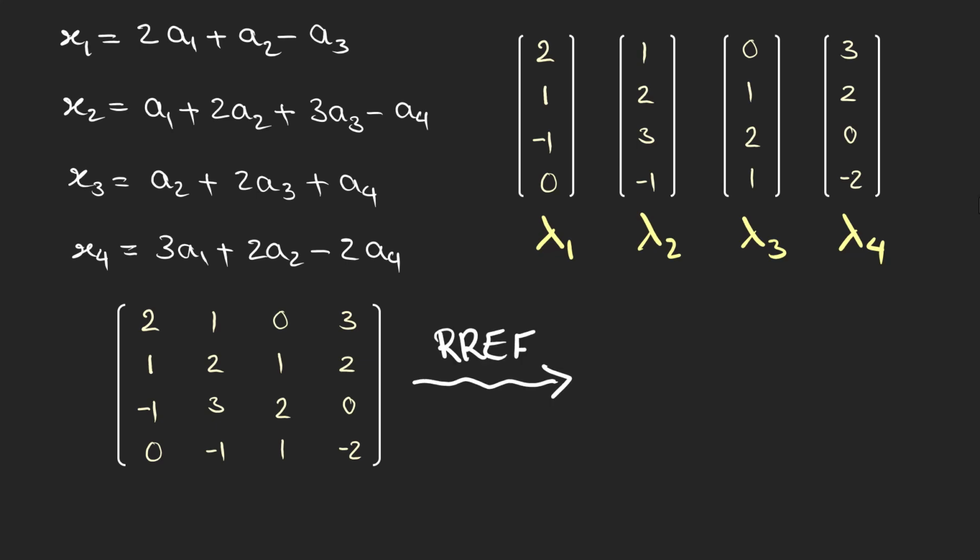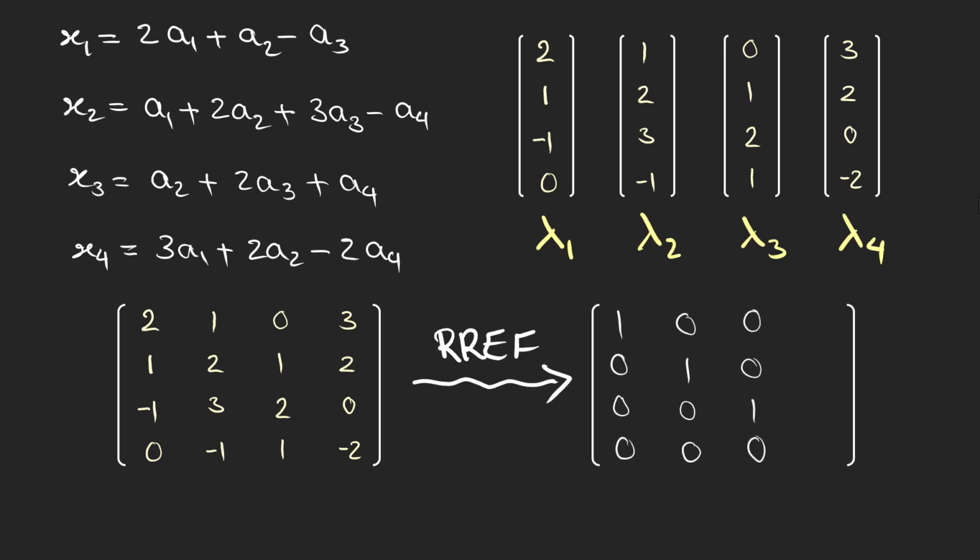By changing it to the reduced row echelon form, we see that there are 3 pivot columns and a non-pivot column. It shows that the last column is dependent on the other 3 vectors and can be written in terms of them using this expression, and shows that the new vectors are not linearly independent.